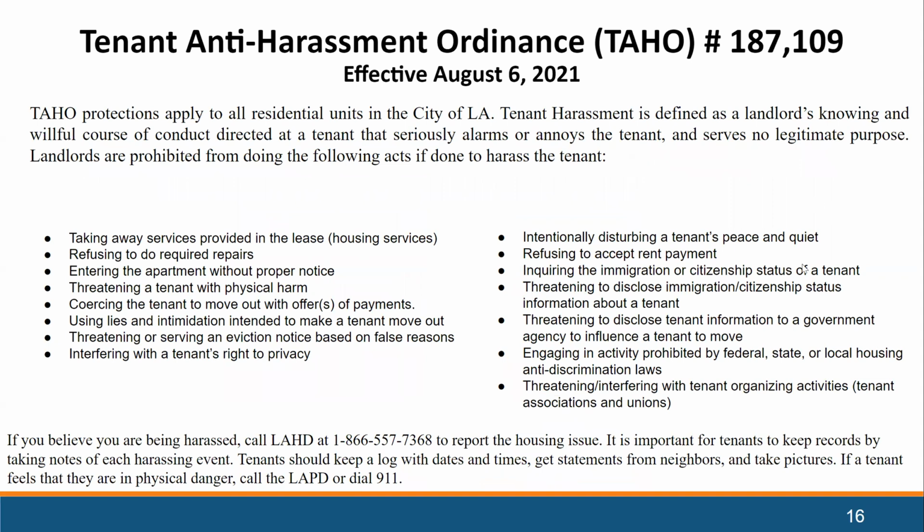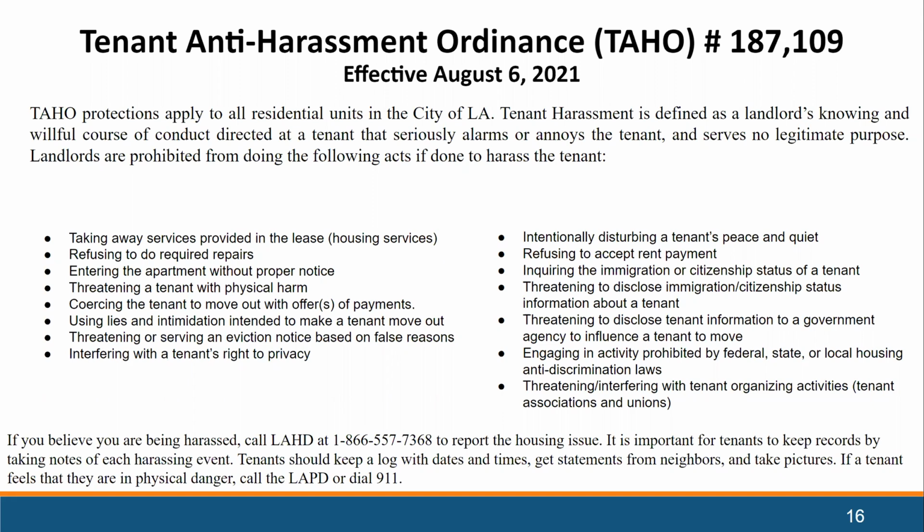All residential units in the City of Los Angeles are also subject to the Tenant Anti-Harassment Ordinance, which has been effective since August 6th of 2021. This ordinance defines and provides examples of what harassment of a tenant may look like.